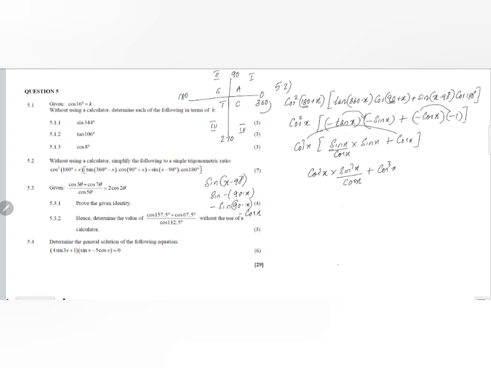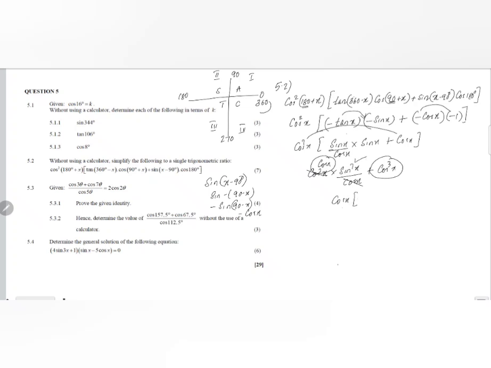Is it clear? Okay, then cos square x and cos x, one of them is cancelled, leaving 1 cos x. Now take the common factor out. You can see a cos x here and here also a cos x. Take it out. That is cos x.